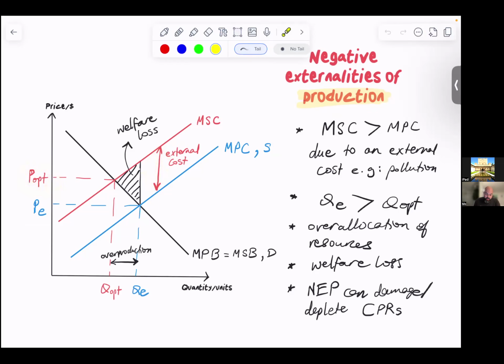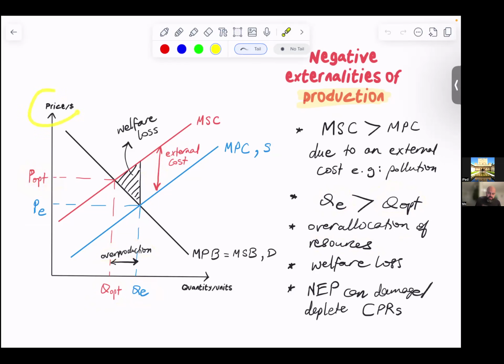Now because QE is greater than Q opt, what the market is actually producing is greater than what the market should be producing, there is an over-allocation of resources that is manifesting as overproduction of this good or service.